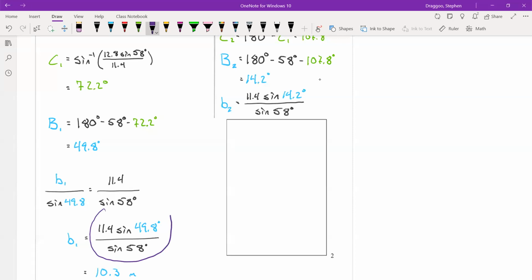Since I already did the work in calculating something very similar to it earlier, I want to use that again. Because the setup is still the same, law of sines with letter B and letter A. The only difference is that angle B2 is different from angle B1. So I'm going to swap out that 49.8 degrees in my formula for 14.2 degrees. And then throw that in a calculator to get 3.3 meters.